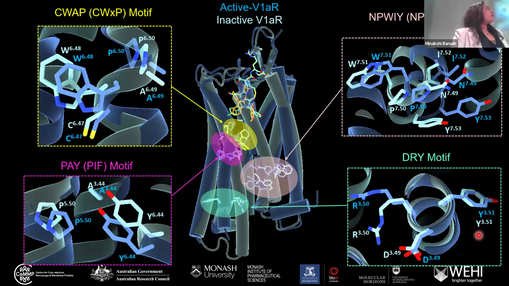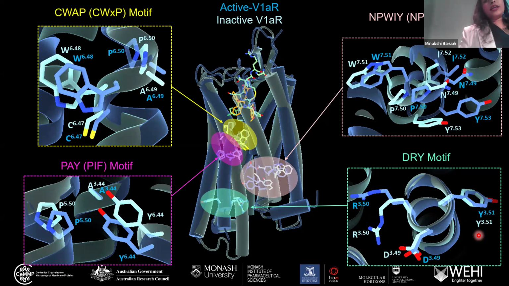For example, if we look at this toggle switch motif, the toggle switch residue undergoes significant conformational rearrangement in the active and inactive structures, including this fifth motif, the tyrosine in the active state moves quite inward.